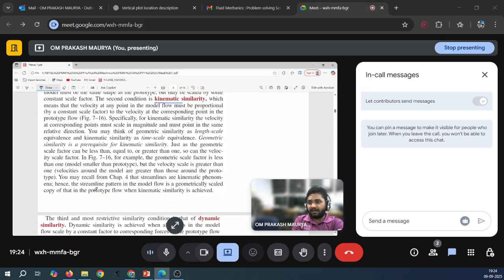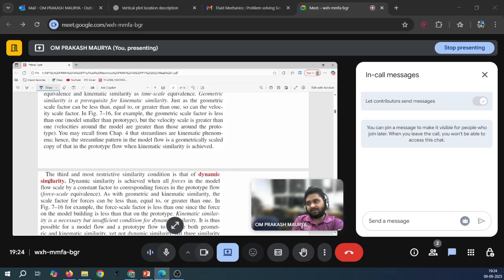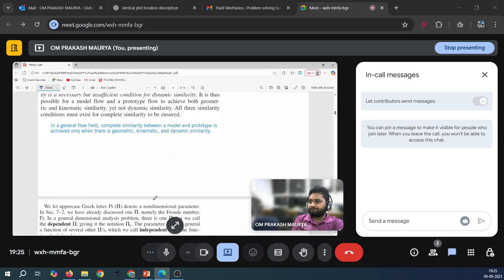Another one is dynamic similarity, which is about force. Remember, please, dynamic similarity is achieved when the force in the model flow is scaled by a constant factor to the corresponding force in the prototype flow. So remember, in general here you can see a very important point.